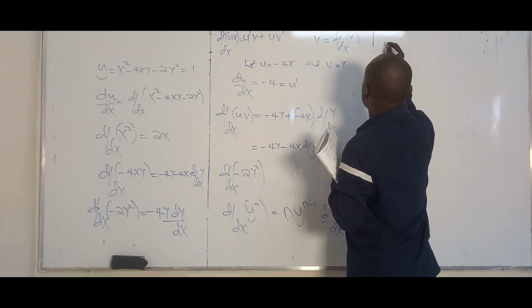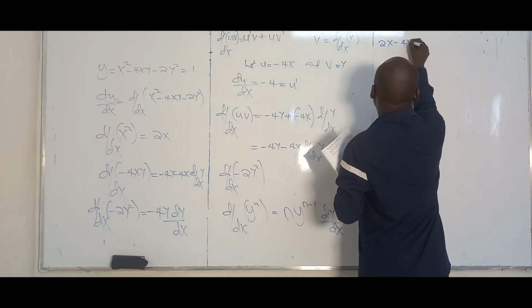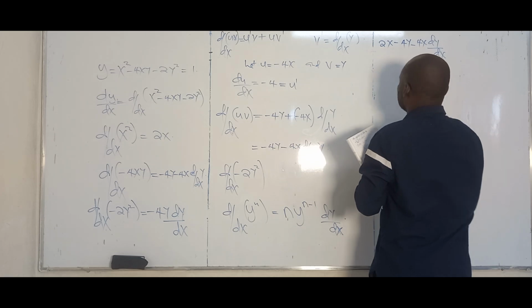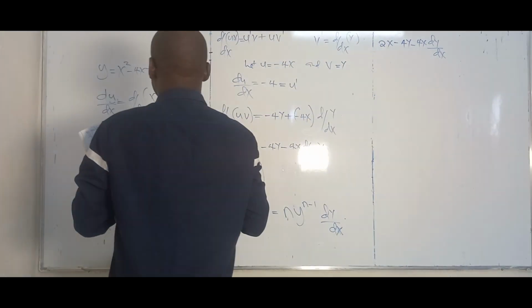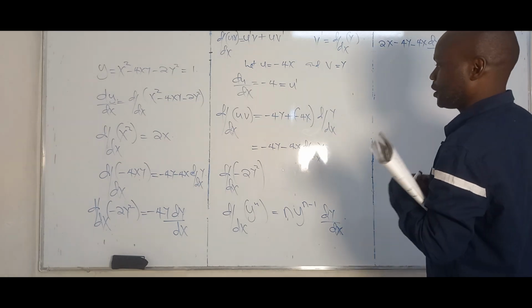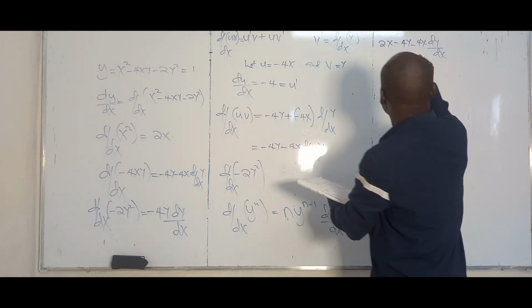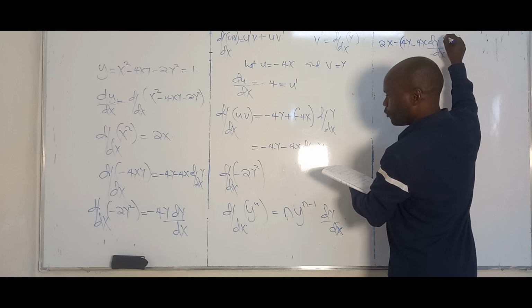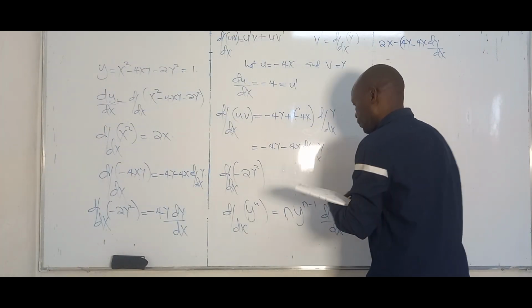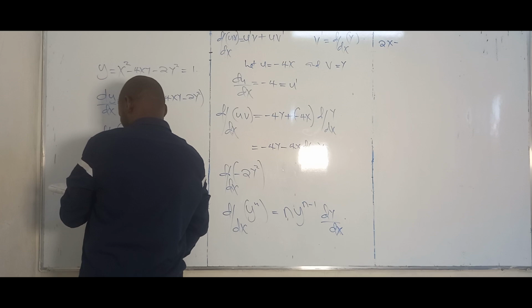So I have 2x minus 4y minus 4x dy/dx, then minus this term. I need to observe the signs in each step so that I don't lose track.